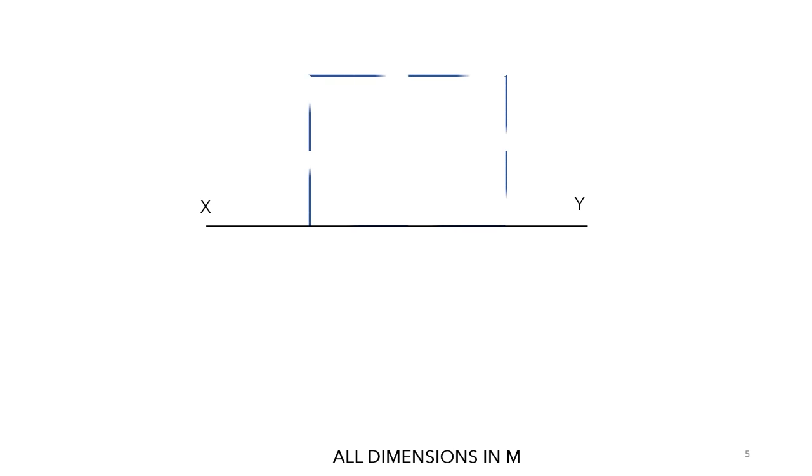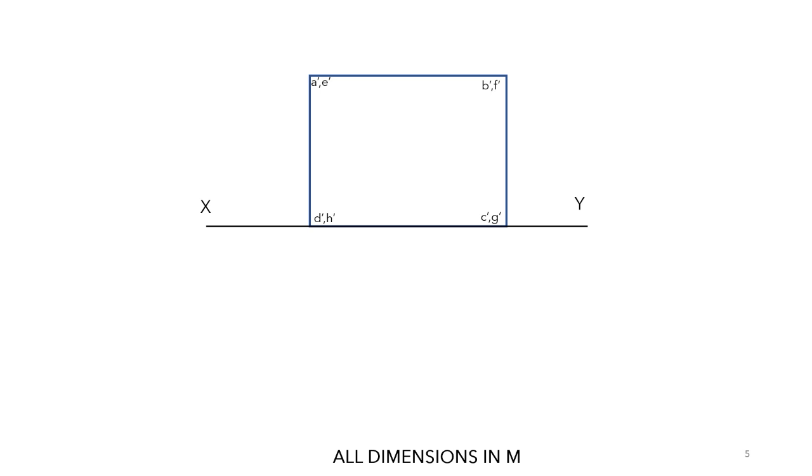Now what we have to do is first draw a reference line XY. On this, from the front view, we'll draw the vertical wall, the dimension of which will be 4 meter length and 3 meter width. Now we'll name them as shown in the figure.